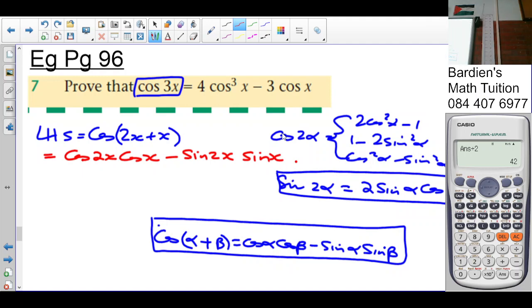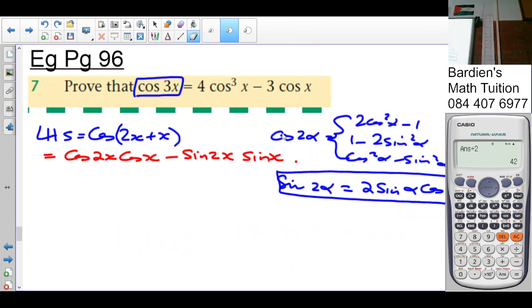Now what? We always keep our eye on this part of the equal sign. What do we have on that side of the equal sign? We only have cosines. Not so?